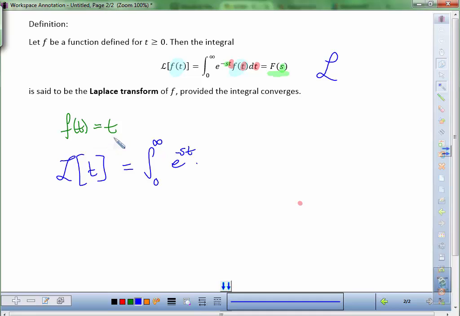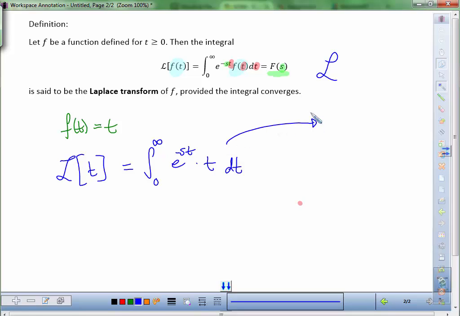The function f is just t, so that'll be t, and then dt. And then we do this. I think this is an integration by parts type of deal. So let's do this by hand one time, and then the rest I'm just going to use Mathematica.